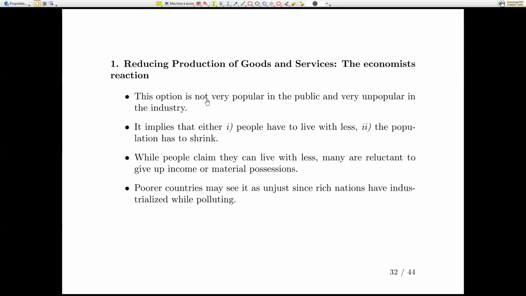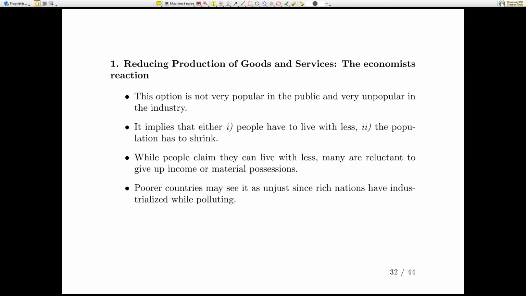Try getting yourself elected by saying, oh, by the way, there was the coronavirus and you had to stay home and you couldn't travel too much and it was hard on your consumption. Well, how about you elect me and we cut back by 50%, because that's basically what we should be doing if we want to avoid the 2 degrees Celsius increase in temperatures.